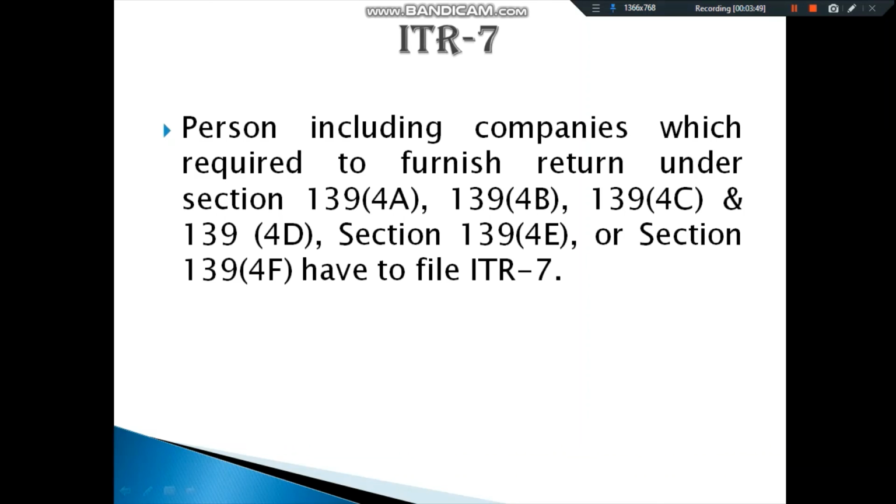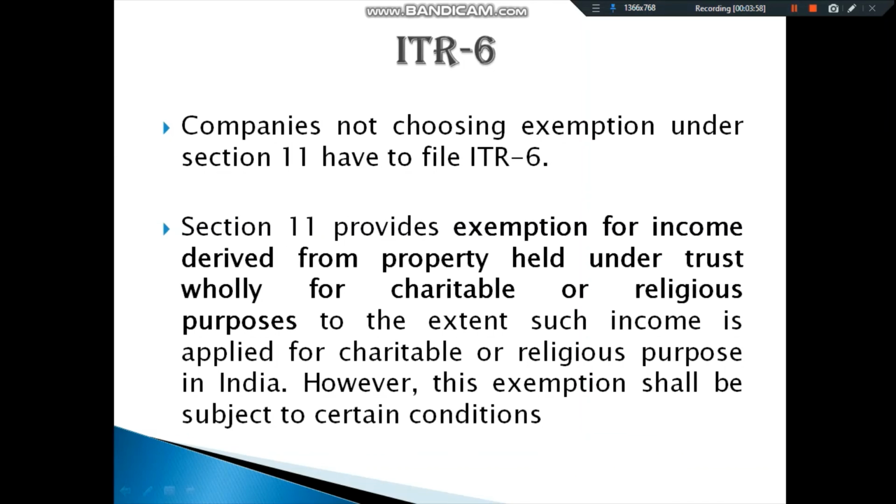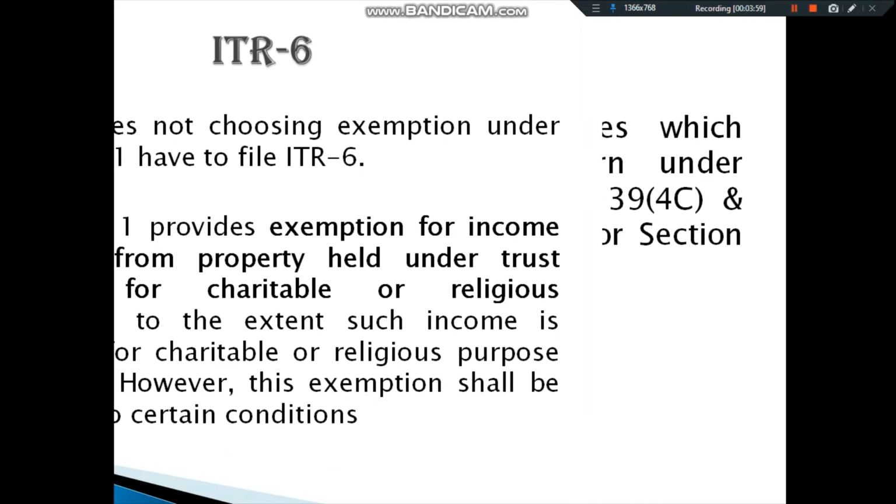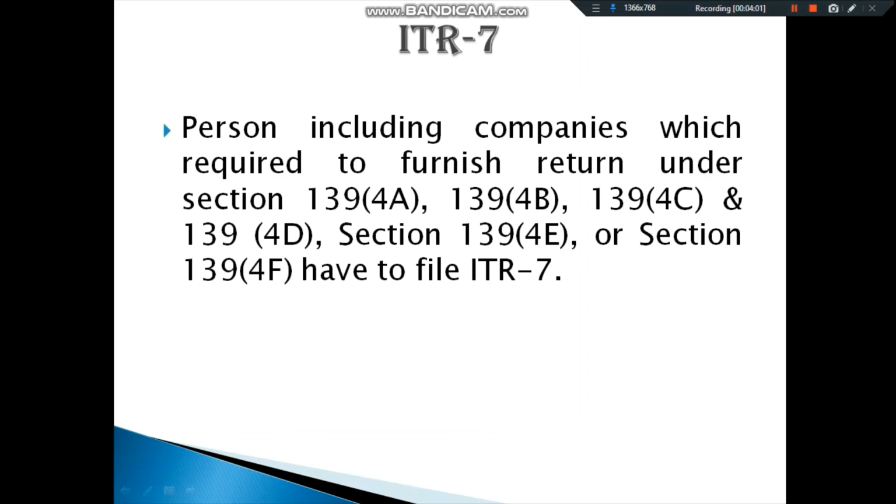Now this thing is important, that ITR-6 and ITR-7 are compulsorily to be filed if you are a company, whether you have any turnover or not, whether you have any income or not, whether you are having any profit or loss, you have to file your ITR.